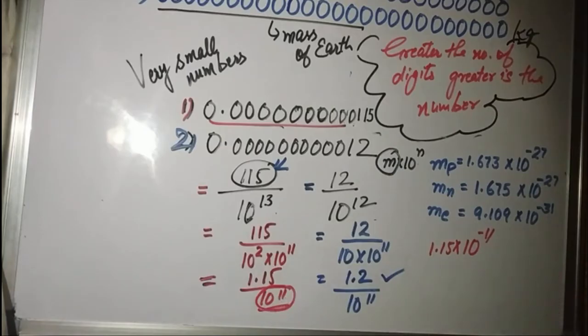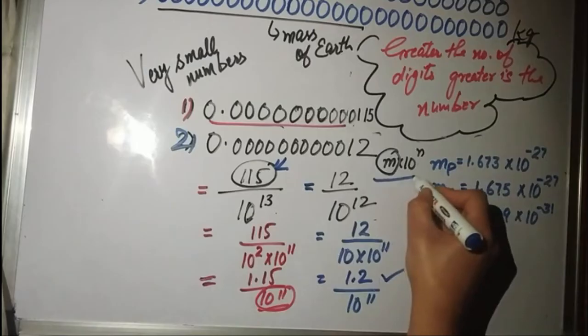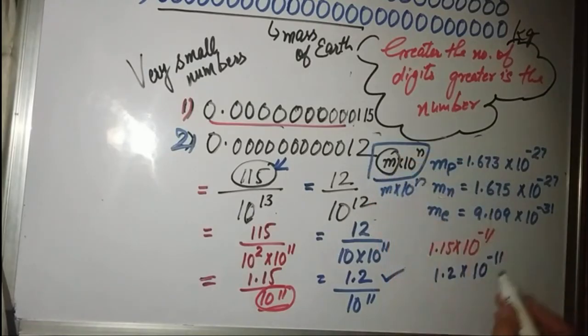And the other number is 1.2 into 10 raised to power minus 11. Why am I writing it like this? Because this is the scientific notation of a number, and we are supposed to write every number in the form m into 10 raised to power n. So here we have m into 10 raised to power n, m into 10 raised to power n, and here we can compare the numbers.